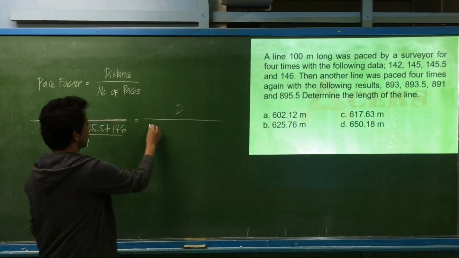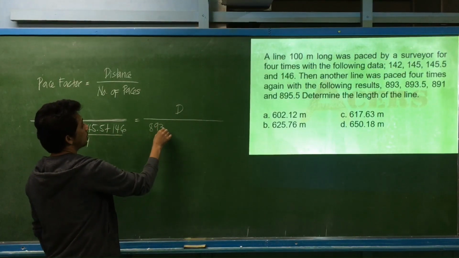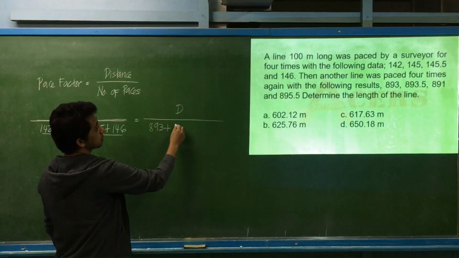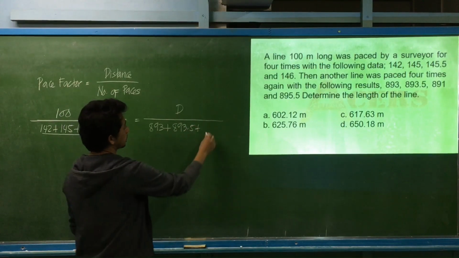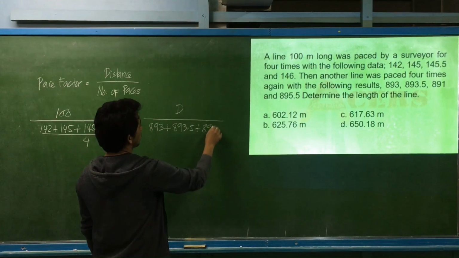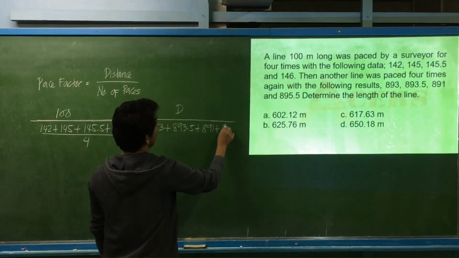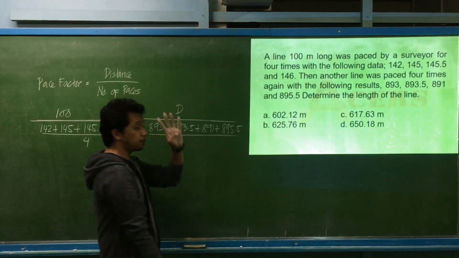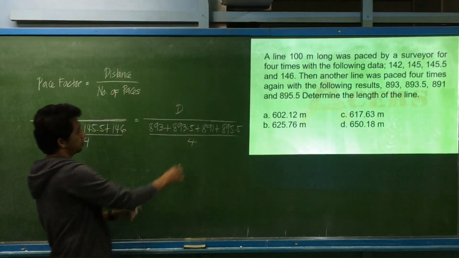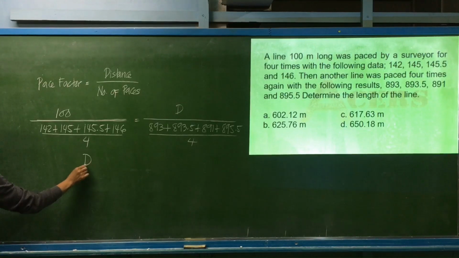Yung next set is 893, okay, plus 893.5 plus 891 plus 895.5. So averaging, since we have 4 sets, divided by 4. So makuha natin yung distance.